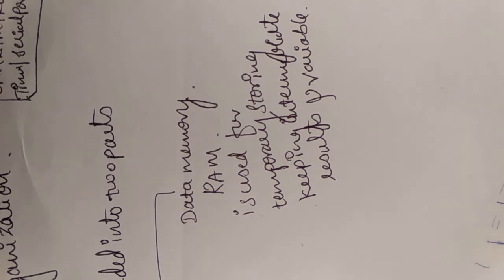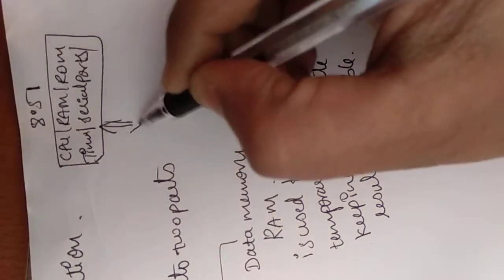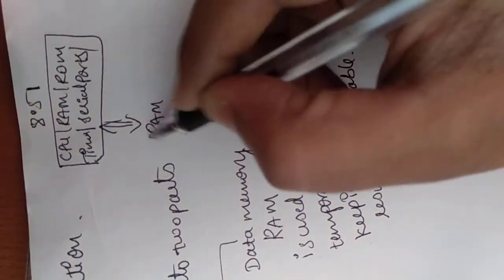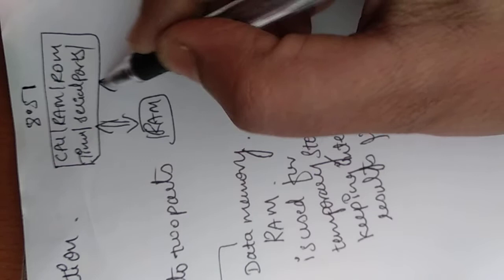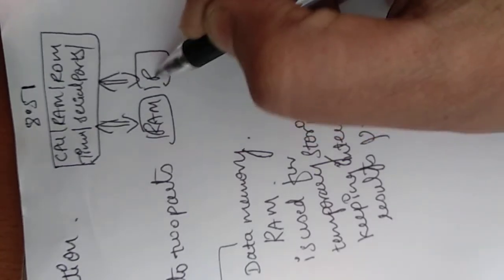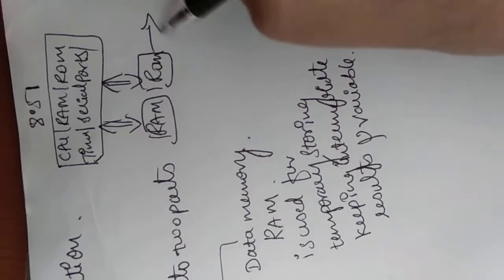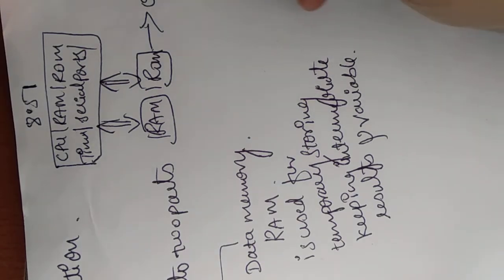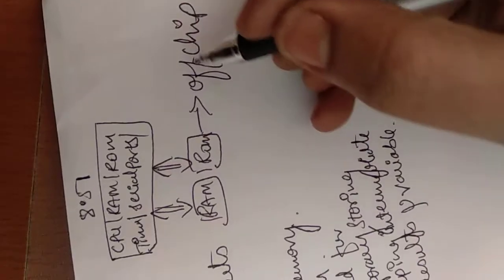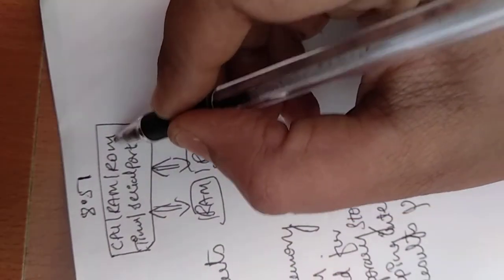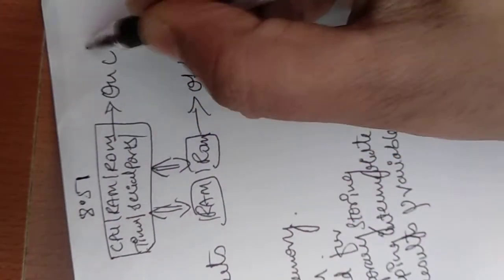This program memory also allows external programs, so we can connect external RAM and ROM to the 8051. This is called off chip. Whatever RAM and ROM are present inside is called on chip.